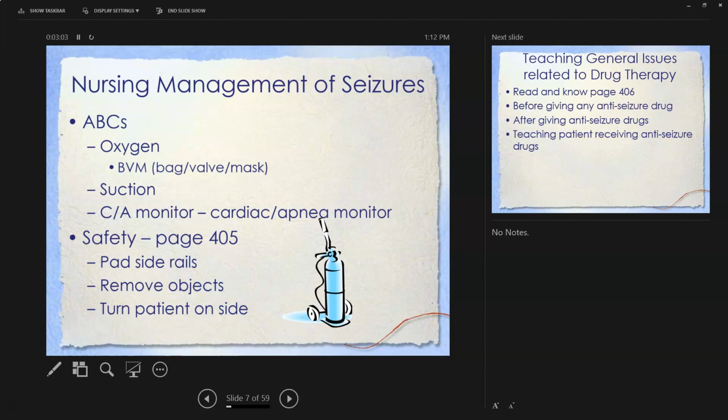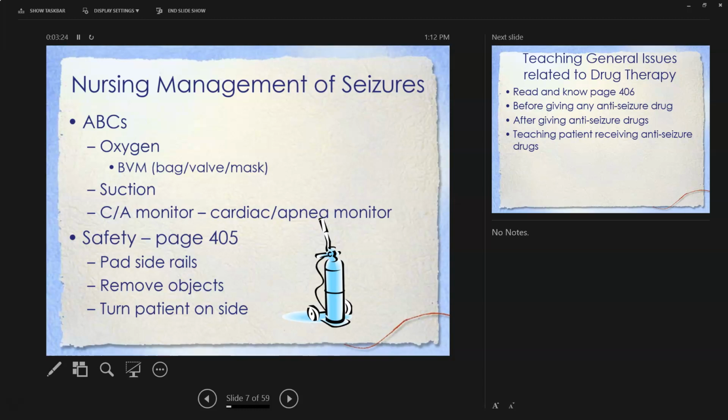Nursing management of seizures, you have to know the ABCs, of course. I've told many of you the airway is the most important, so you will need to provide oxygen and have suction available, monitor for apnea, and then safety.